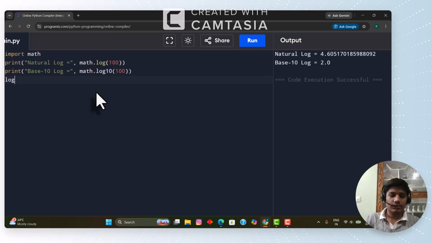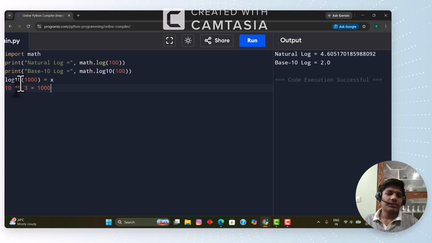So log10 of 1000. We have to find the value, so let's take the value as x because we don't know x. So how we write it is 10 power x is equal to 1000. Like this, base power x is equal to what you write inside the log. So this is not 3, this is x.